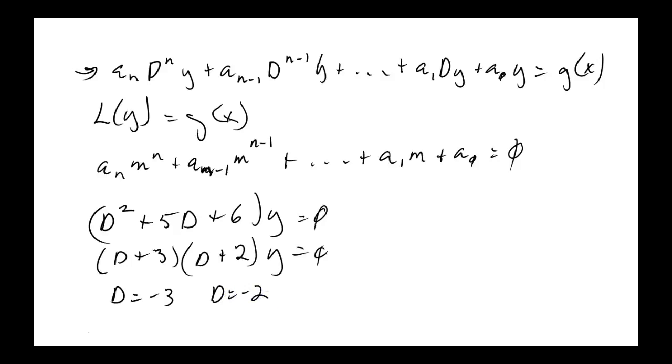Okay, that's where it gets a little squirrely, and maybe beyond where we need to take it. But factors of a linear differential operator with constant coefficients commute. Doesn't matter which order you do. D plus 3 times D plus 2 is the same as D plus 2 times D plus 3.